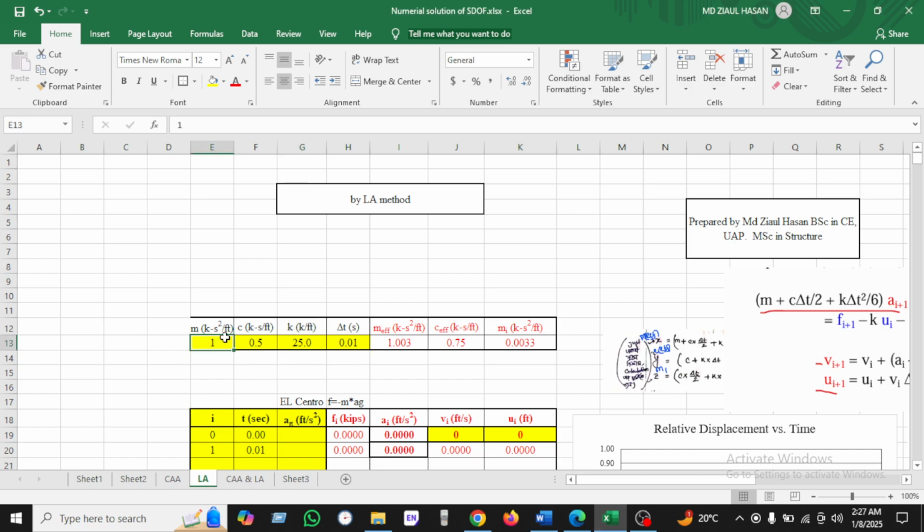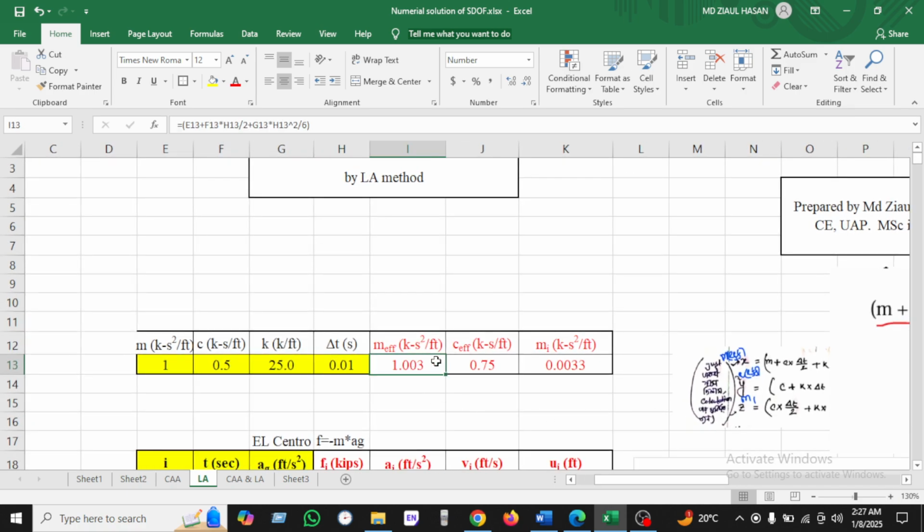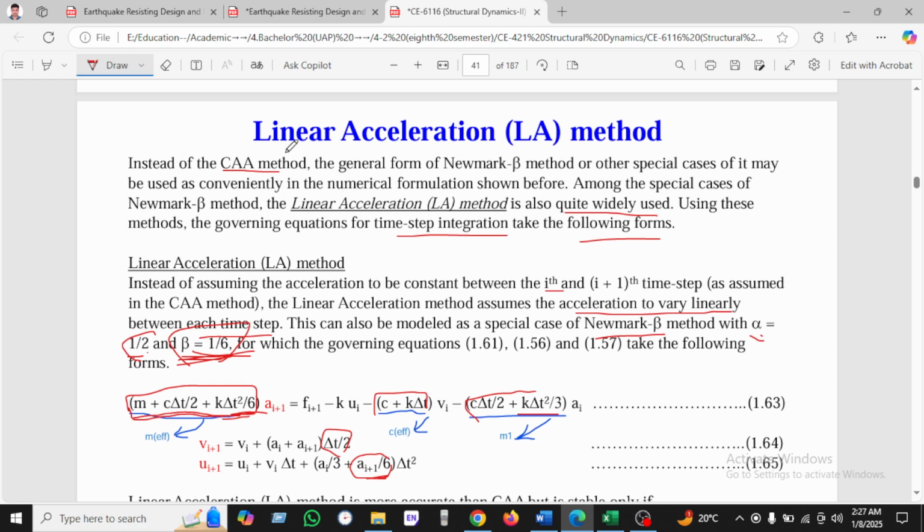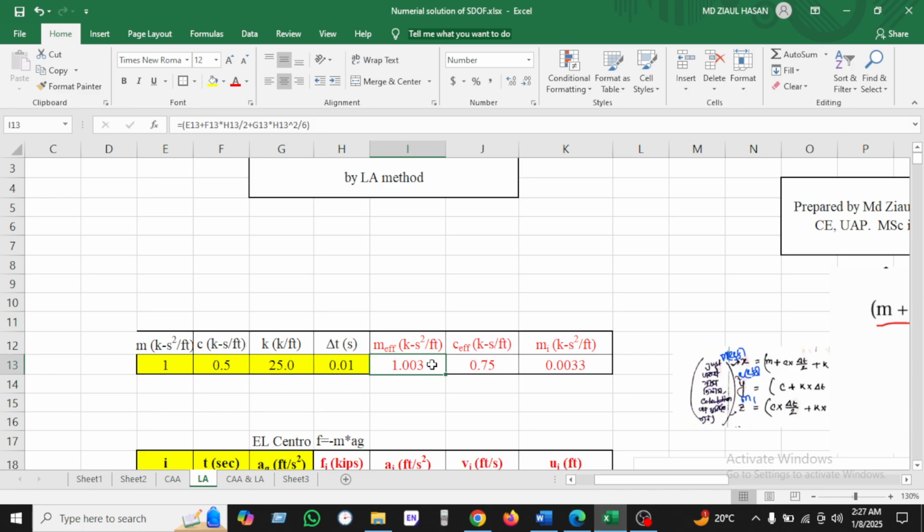At first we know that the m value, c value, k value and delta t are given. Now we will calculate m effective. For the linear acceleration method, m effective is m plus c times delta t divided by 2 plus k times delta t square divided by 6.